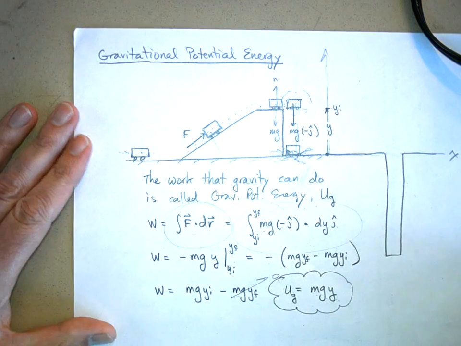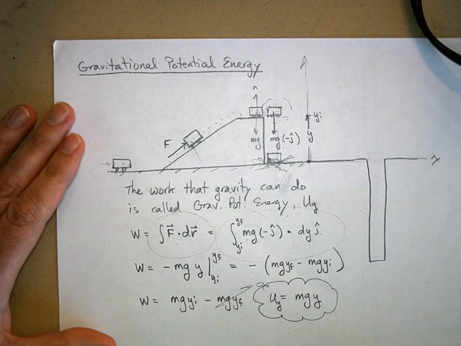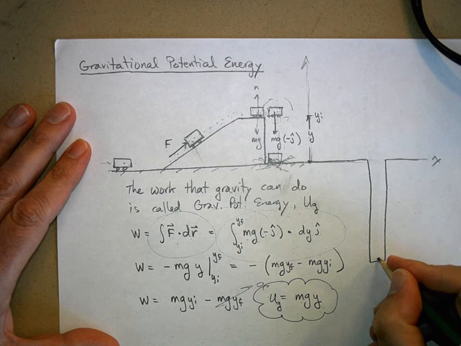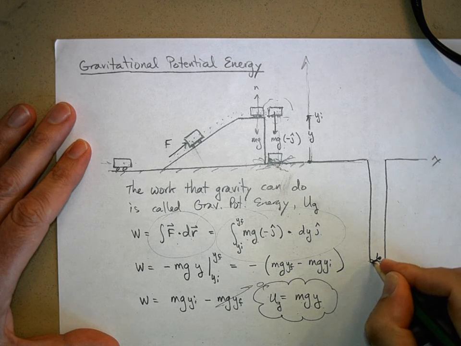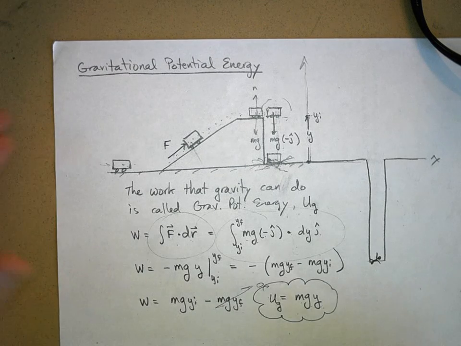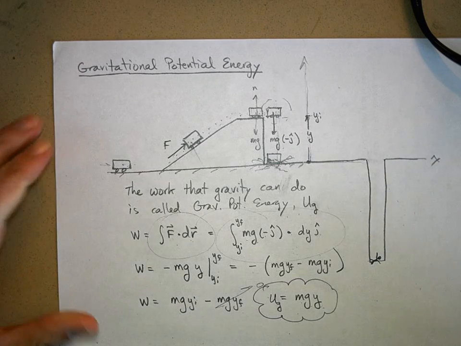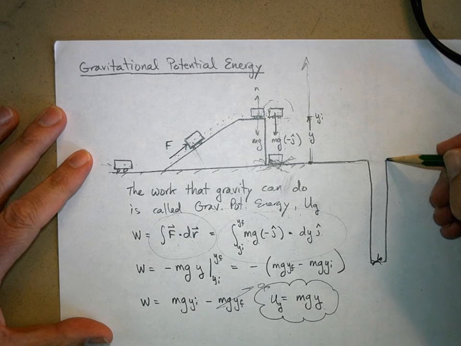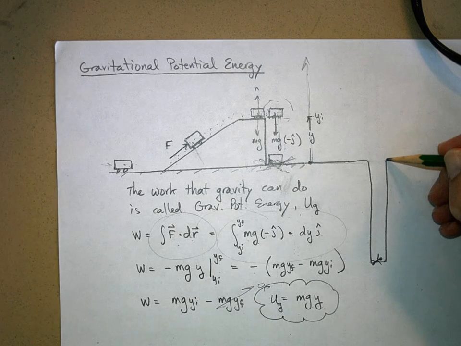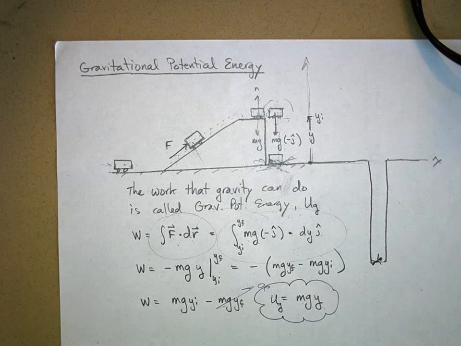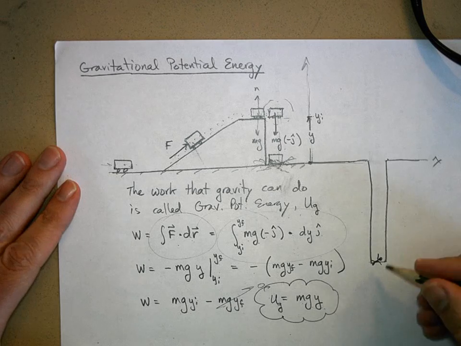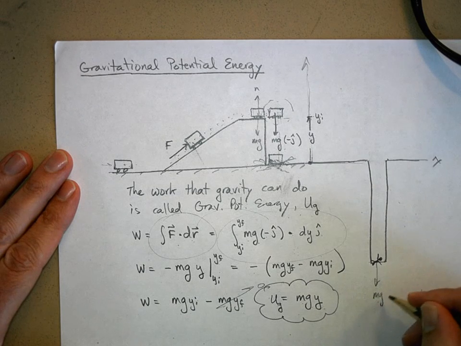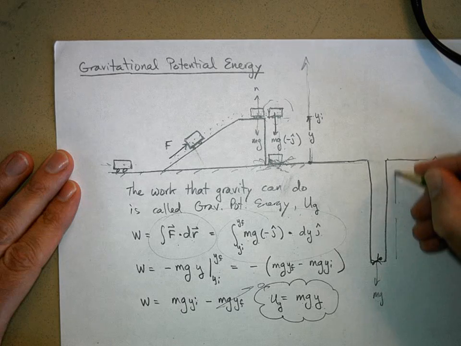And Gage has asked one too many questions, so I have thrown him to the bottom of this well. Okay, so there's Gage. Now Gage has negative gravitational potential energy, because in order to lift him, the work that gravity will do to get back to my reference, to get back to my origin, to get back to the place where I'm measuring gravitational potential energy from, look, gravity is down, but the displacement, my delta y, will be up.